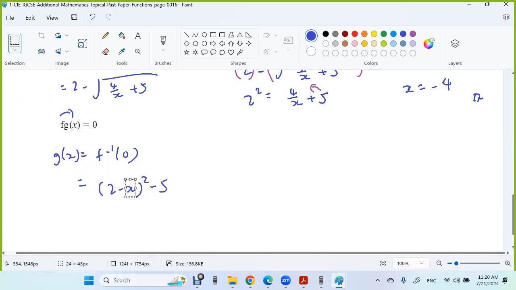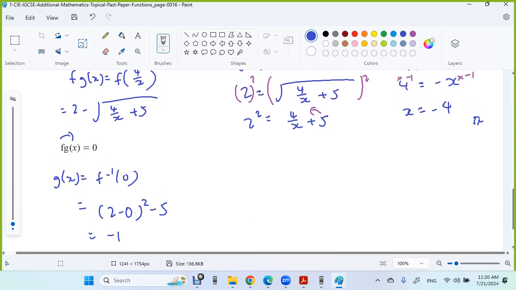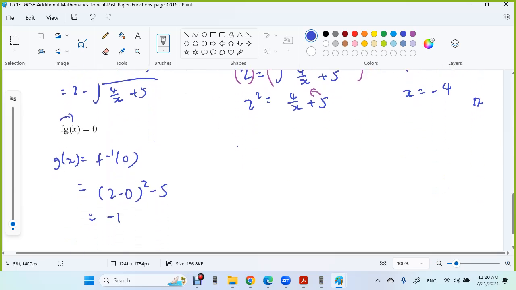So the x here becomes 0. Then it's 4 minus 5, negative 1. So g(x) equal to negative 1. So g(x) is what? 4 over x. So 4 over x equal to negative 1. 4 equal to negative x. x equal to negative 4. Yes, we can get the same answer using this method.